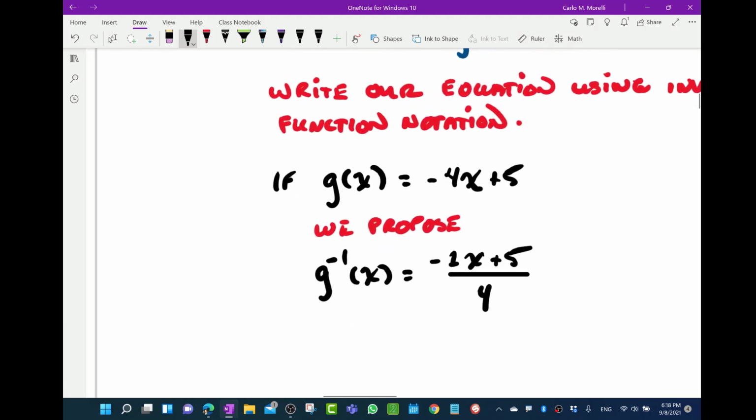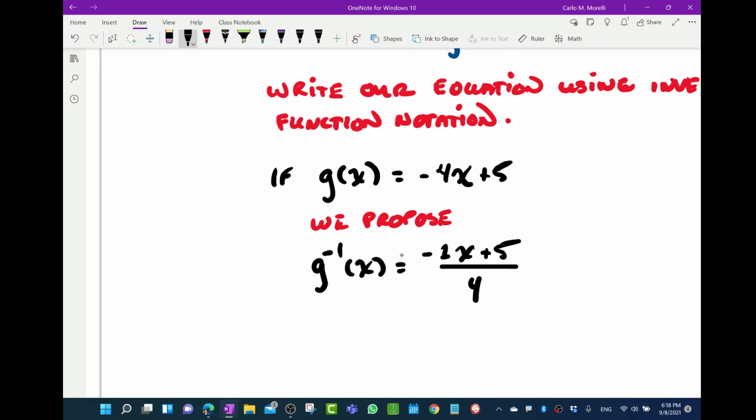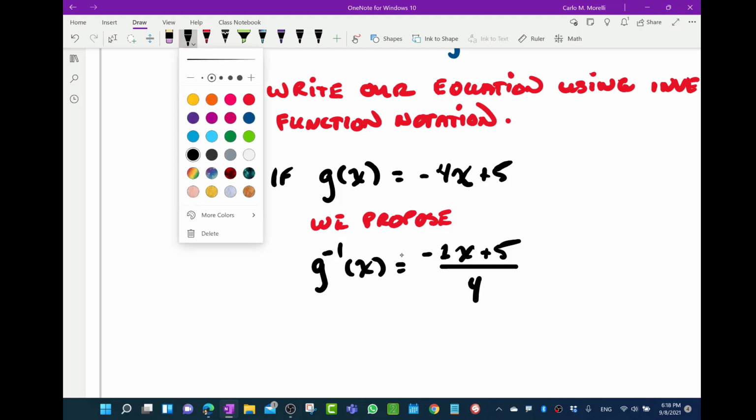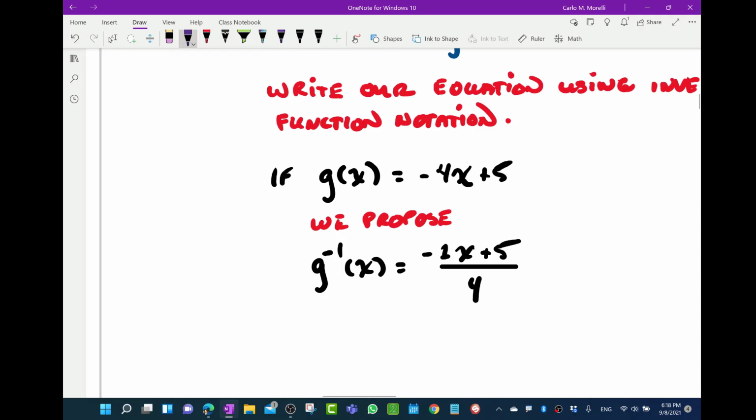Okay, so I just want to focus in on this notation. It looks like I wrote g raised to the power of -1 of x, but we don't read it that way. The way we read this is g inverse x or g inverse of x.